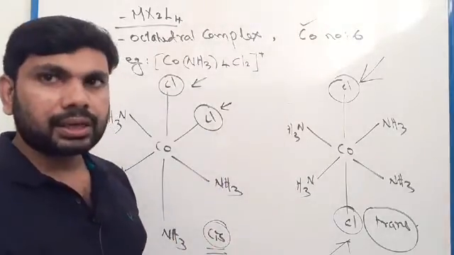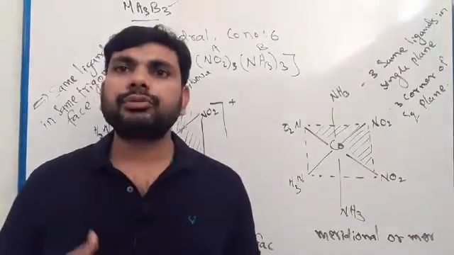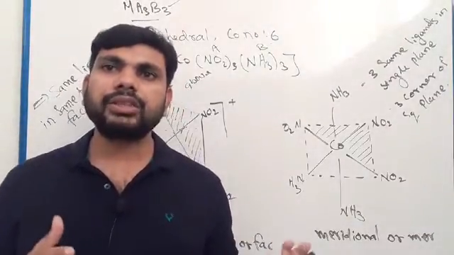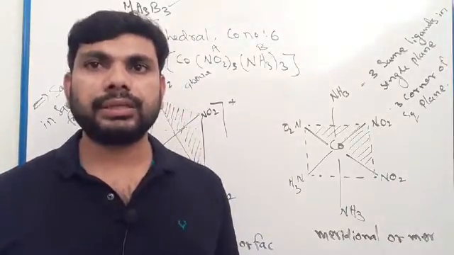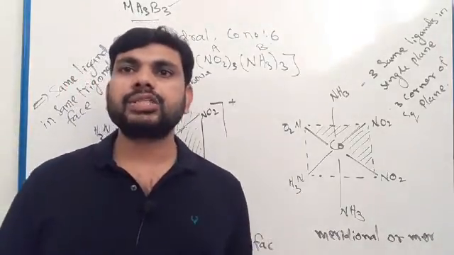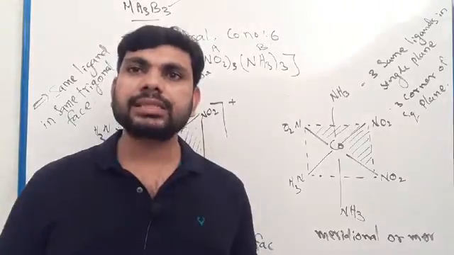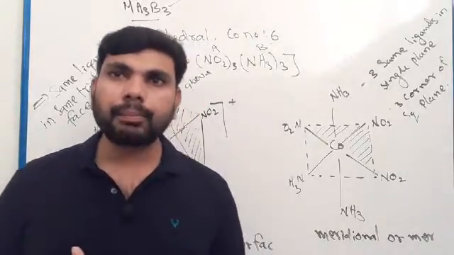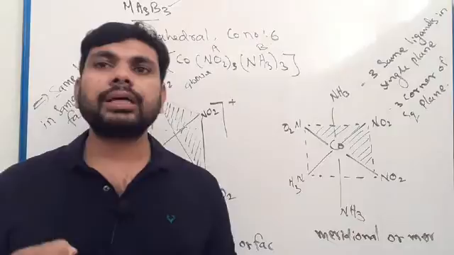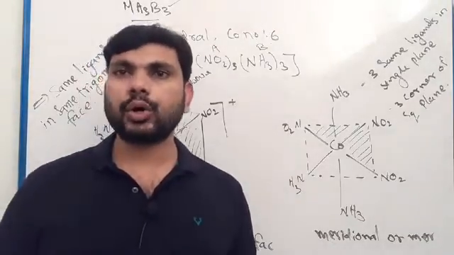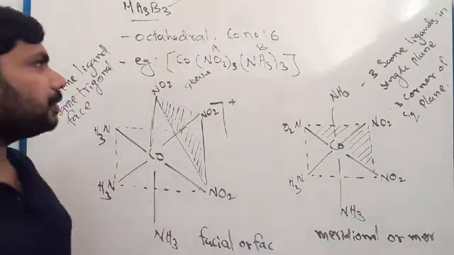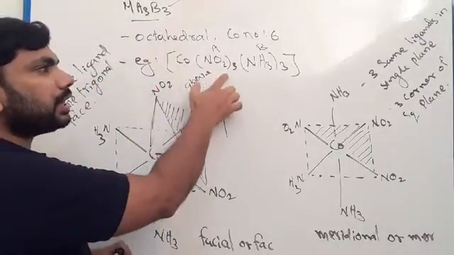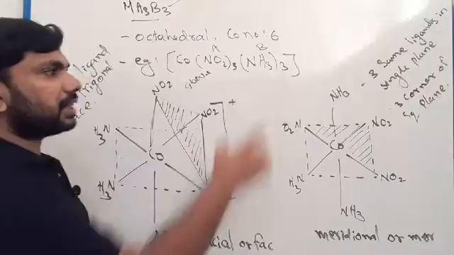Next we have to discuss MA3B3, geometrical isomerism type MA3B3. There are a total of 6 ligands, so it is an octahedral complex with coordination number 6. An example for this type is cobalt NO2 3 times, NH3 3 times.